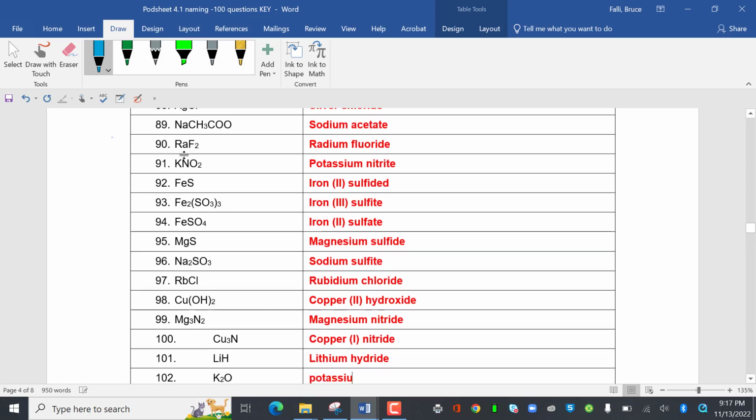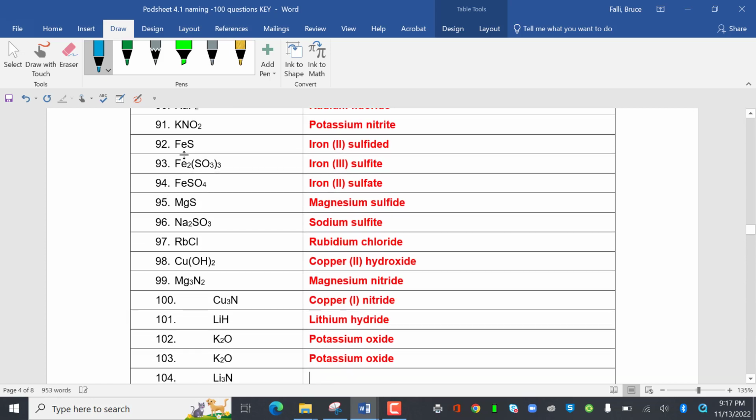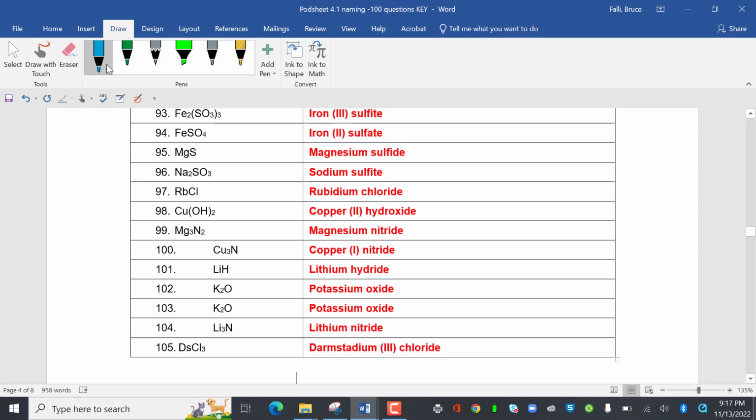Potassium oxide, hope we get that one right. Lithium nitride, darmstadium 3 chloride, I think that's darmstadium. I think that's it. So to that, I will say, toodles.